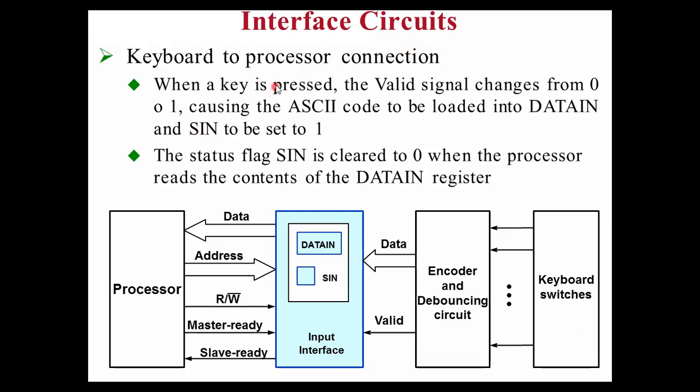Look, the keyboard is the input device. How will the data be transferred from the keyboard to the processor? By using the parallel port. See here, these are the keyboard switches.